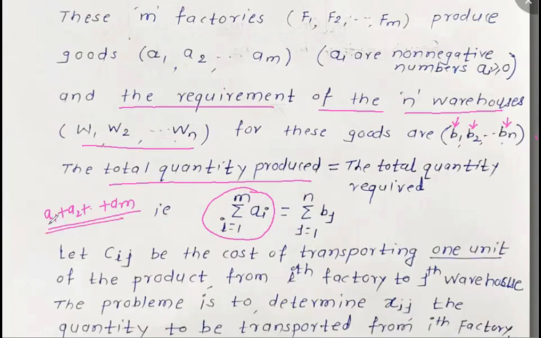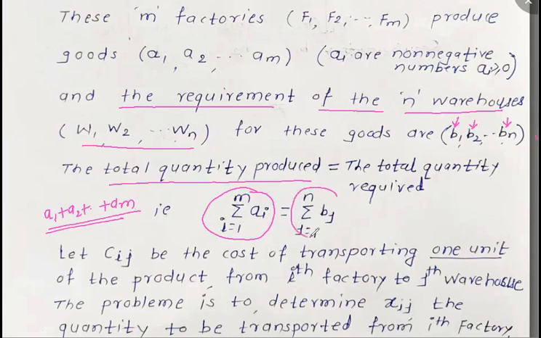A1 is the quantity produced at the factory F1, A2 denotes the quantity of product produced at factory F2 and so on. Am is the quantity of product produced at the mth factory. So summation i equal to 1 to M gives you total quantity produced at M factories.